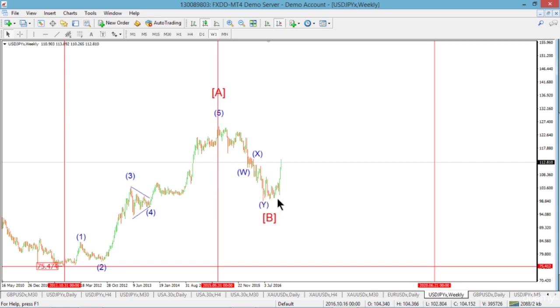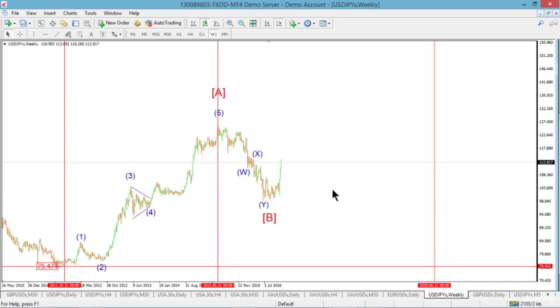What this dominant trend suggests for the future is a rally in wave 3, which I think at this stage we've probably begun, and it would probably peak out somewhere around the 140, 145 level, somewhere there.